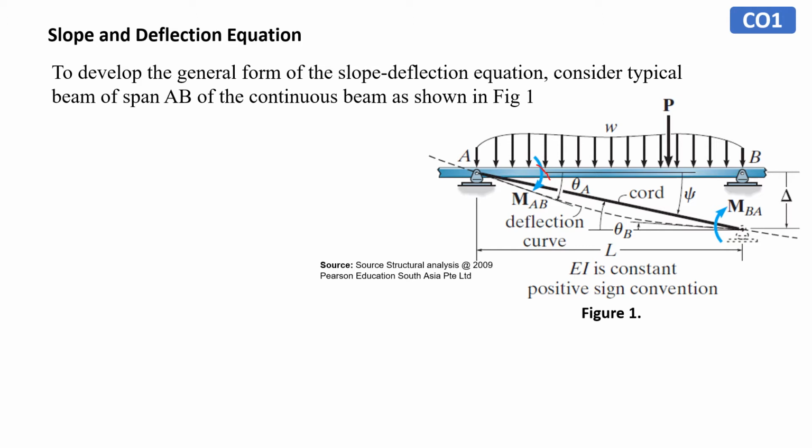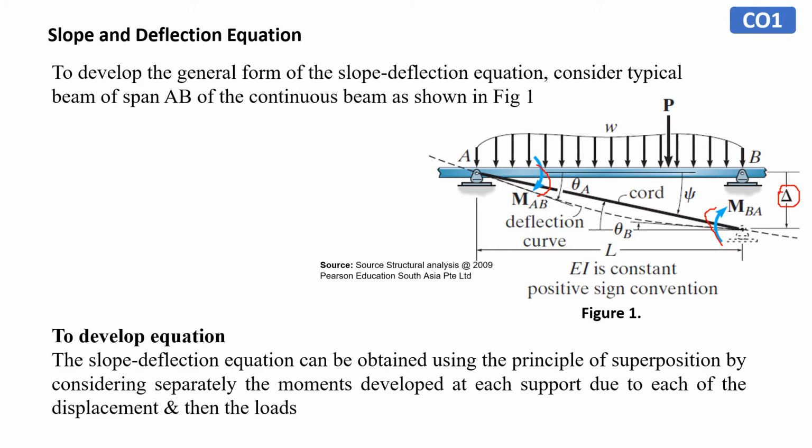Here we consider theta A and theta B as unit rotations, and delta is our translation, and according to these displacements we are going to develop the equation for slope and deflection. The slope and deflection can be obtained using principle of superposition by considering separately the moments developed at each support due to each of the displacements and then the load.